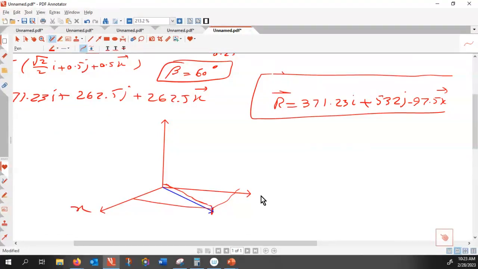So in the xy plane, that is positive. In the third direction, that is having a small negative component.